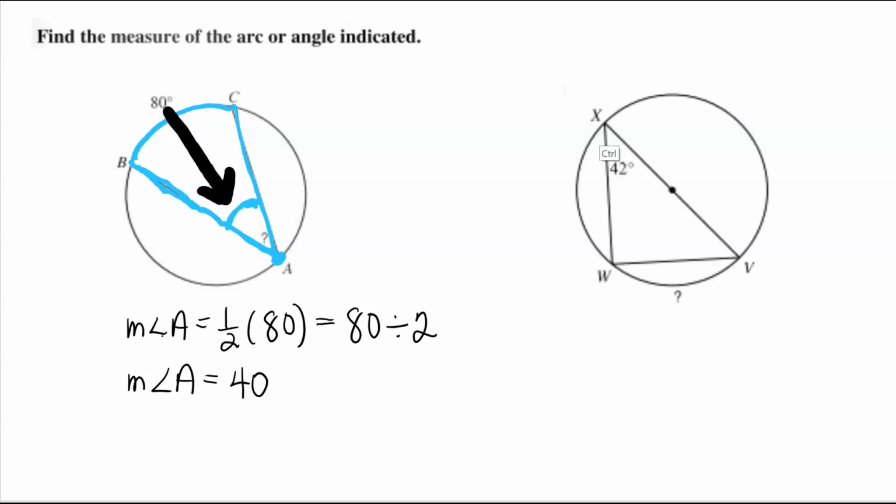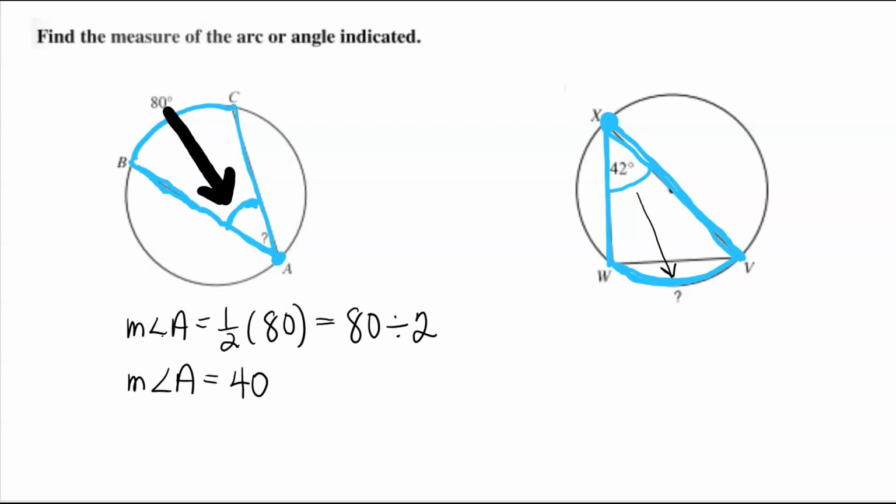Okay, so we have this 42 degrees here, and we need to ask ourselves, is that 42 degrees an inscribed angle or a central angle? Well, the answer to that is it's an inscribed angle because its vertex is on the circle. That means there is a relationship between that intercepted arc and the inscribed angle. So just like in the previous problem, we know the inside angle, we're making our way out. Oh, it's actually not like the last problem.